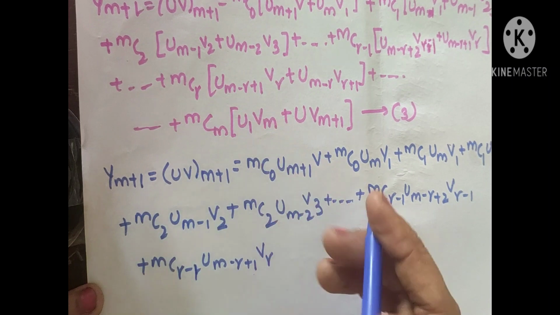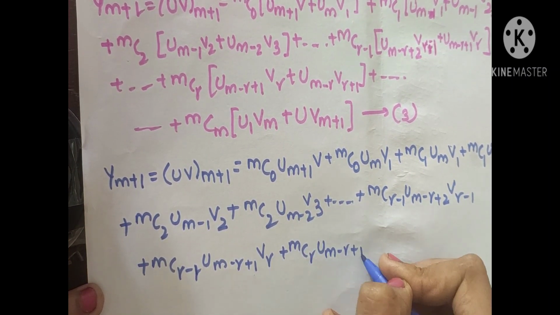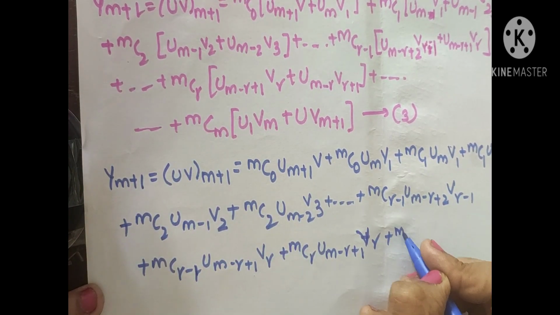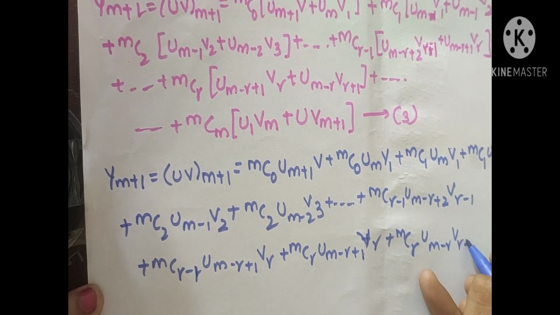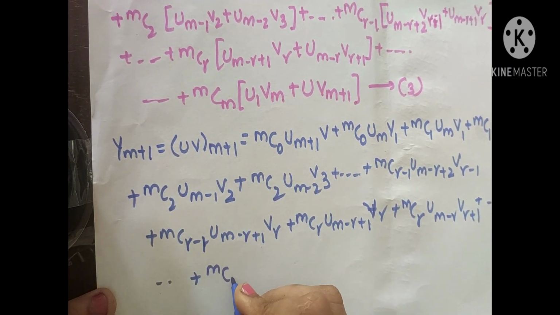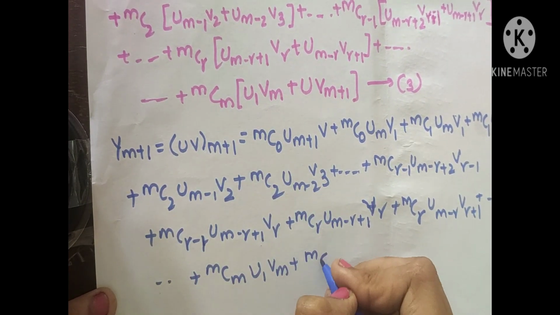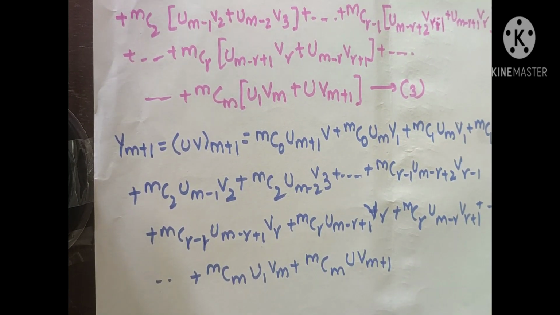Again multiply this inside the bracket, mcr um minus r plus 1 vr and mcr um minus r vr plus 1, and this so on, plus mcm u1 vm plus mcm u vm plus 1, okay. Consider this as equation 4.